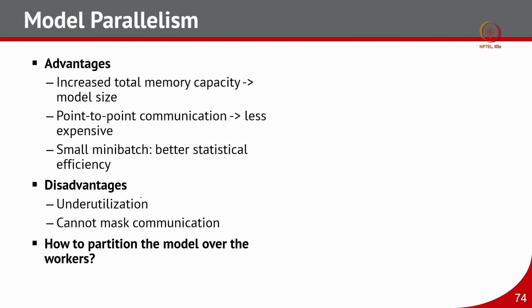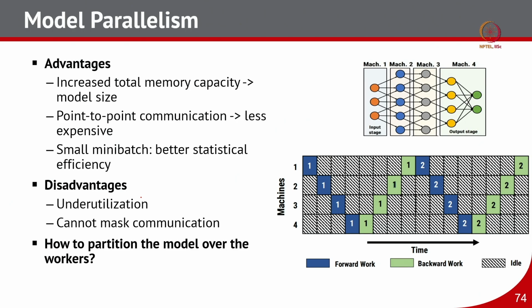Now, the advantage of model parallelism is that we now have increased total memory capacity, which can hold a bigger model. The communication is now point to point. As you can see, the communication will be only from machine 1 to machine 2, machine 2 to machine 3, machine 3 to machine 4, just to communicate the activations from the previous layer to the next layer.